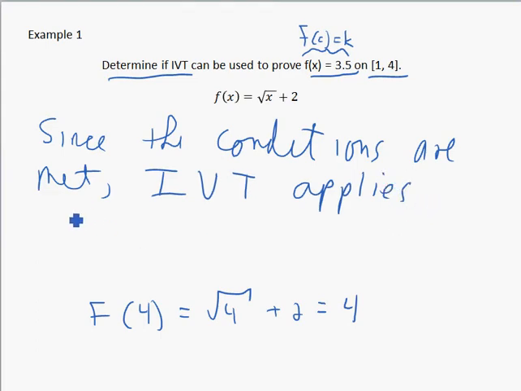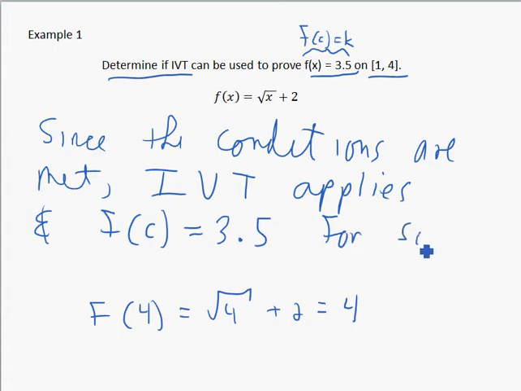They say c to distinguish between that. It's not any x value. There's a particular value where it has to happen. But f of c has to equal 3.5 for some c on this interval. So somewhere between 1 and 4, there's a value I can plug into f, and I should get 3.5 back.